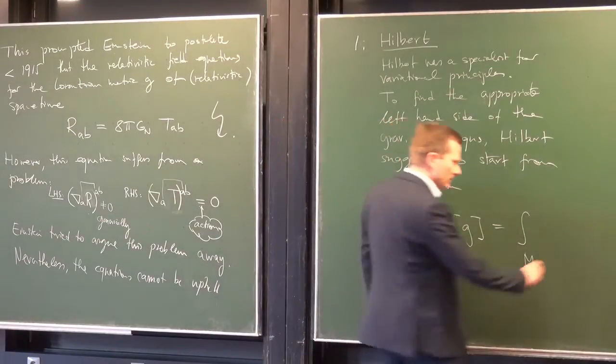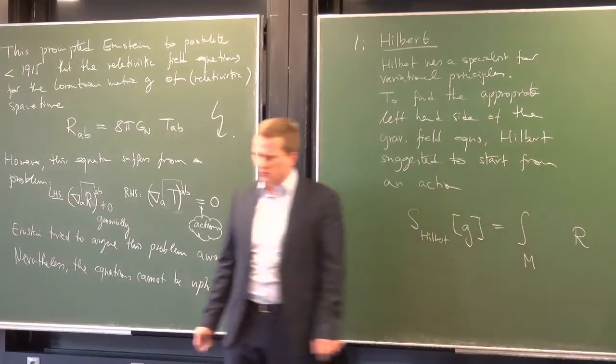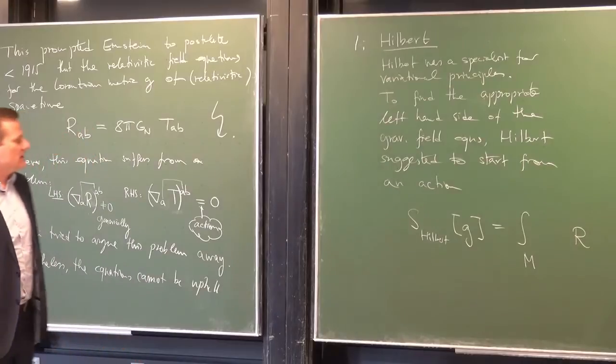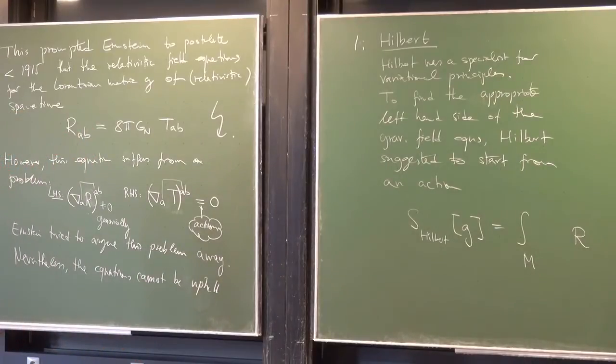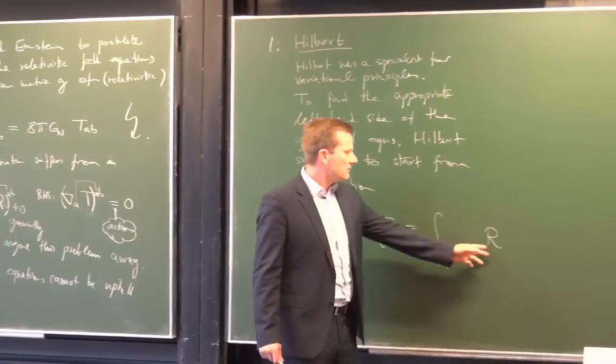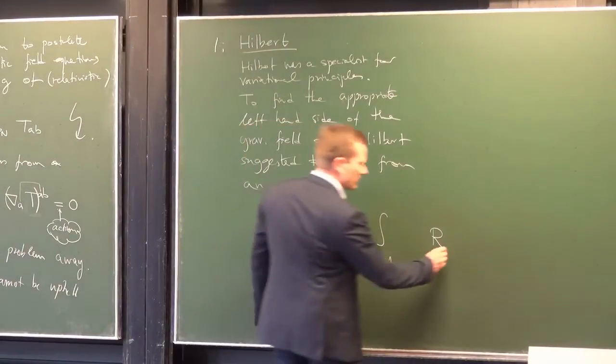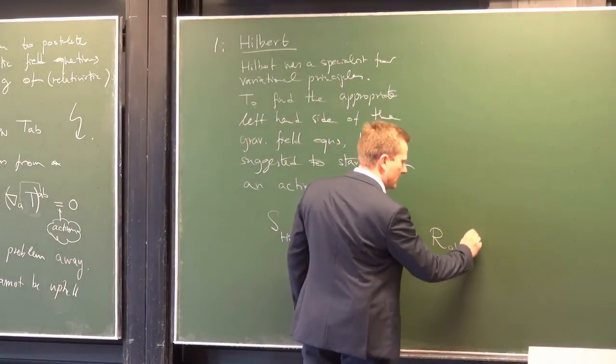Actually, from Riemannian geometry, one knows that the simplest function one can build from the metric, its first and second derivatives, is R. From the first derivatives, you can't build any tensor. And from the second derivatives, you can build the Ricci scalar, which you remember is R_AB g^AB.